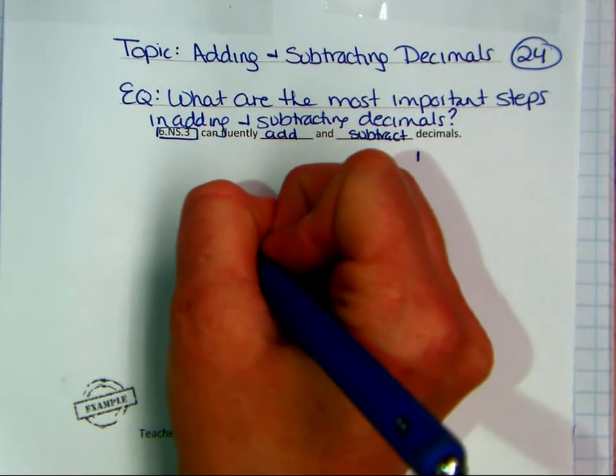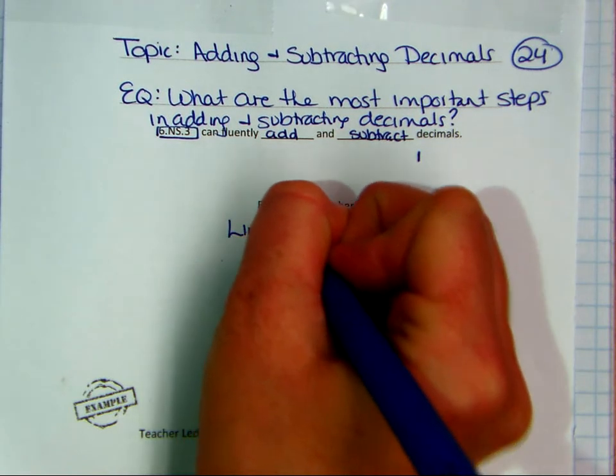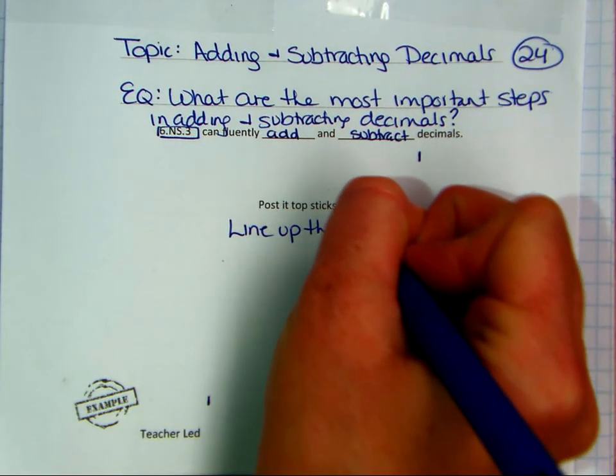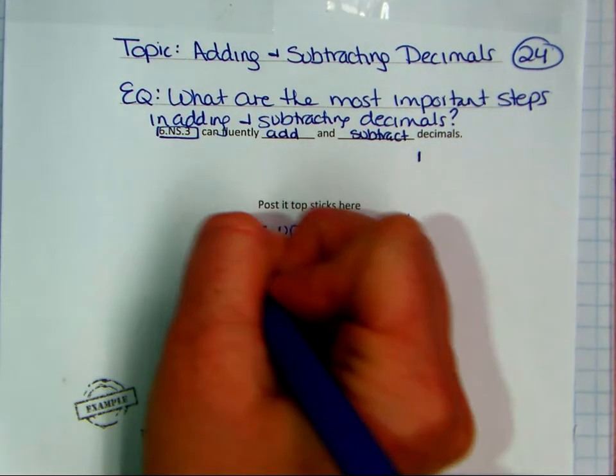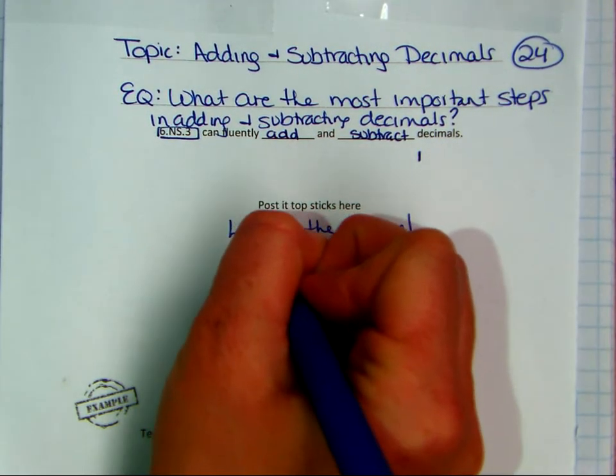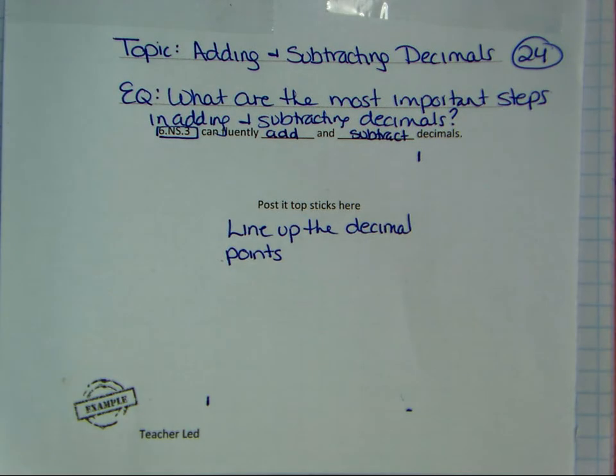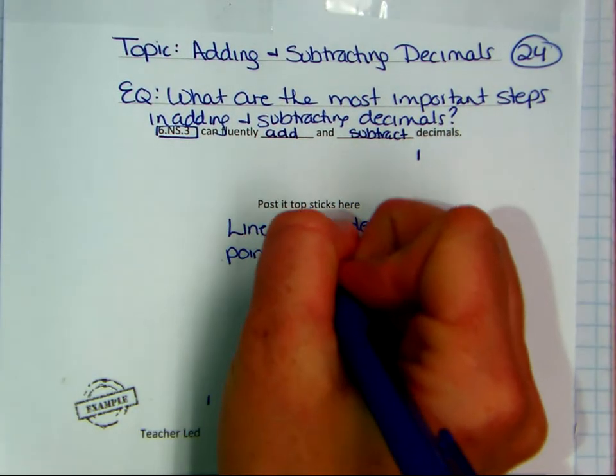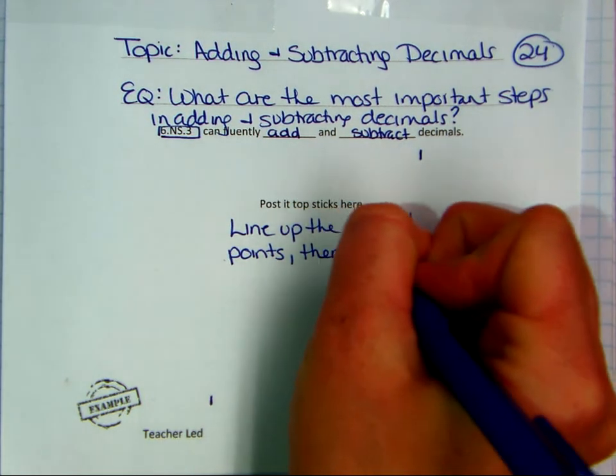The first thing you want to do is line up the decimal points. So I line up my problem, and when I'm lining up my problem, I make sure that all of my decimal points are lined up in order. Then I'm going to solve.